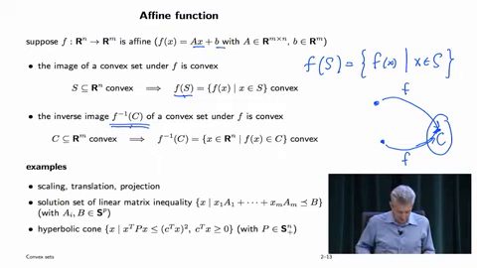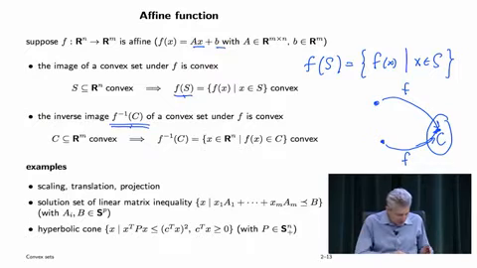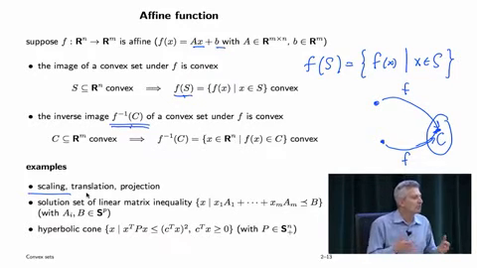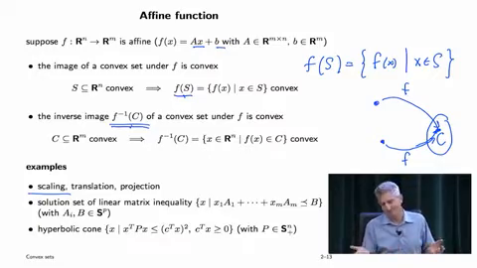Again, you have to show this, but let's look at some examples. Some are obvious. If you scale a set, if I multiply it by 2 or 3 or -5, that's going to preserve convexity. If I translate it, if I move it, that's going to do. Another one, of course, is if I rotate it.